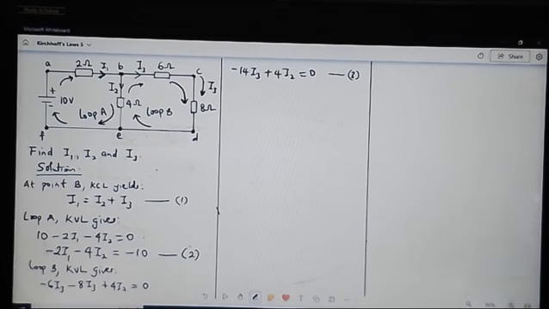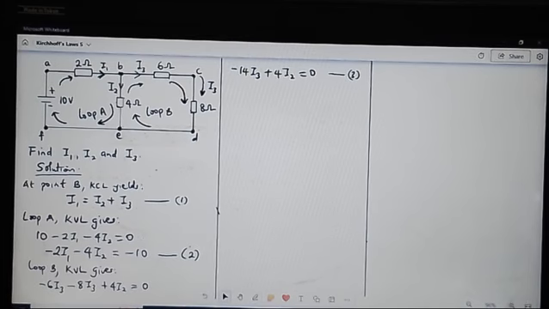Now for equations 2 and 3, we are supposed to solve simultaneously, but if you notice equation 2, we have unknowns as I1 and I2, but in equation 3, the unknowns are I3 and I2, so we can't proceed that way. So all we have to do is make equations 2 and 3 similar in terms of the unknowns.